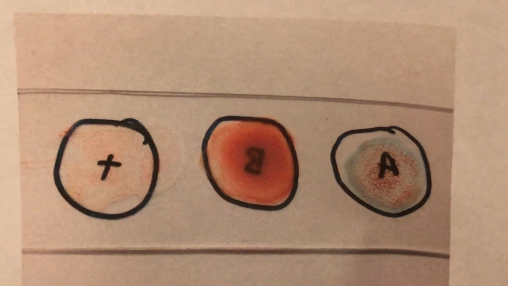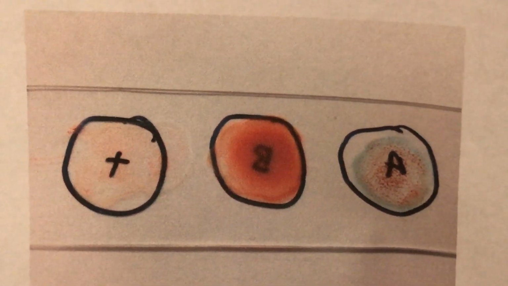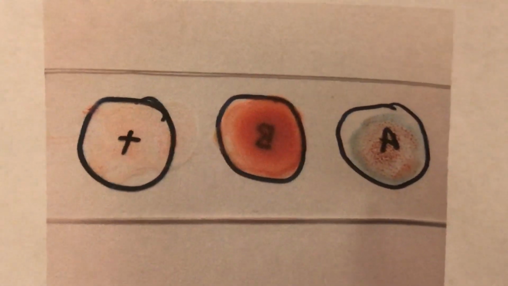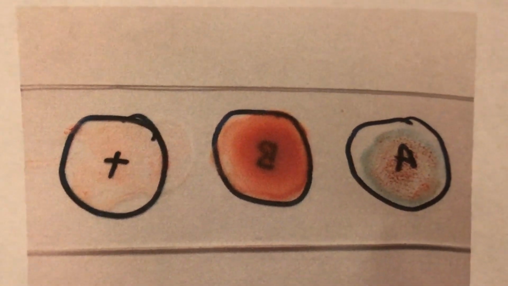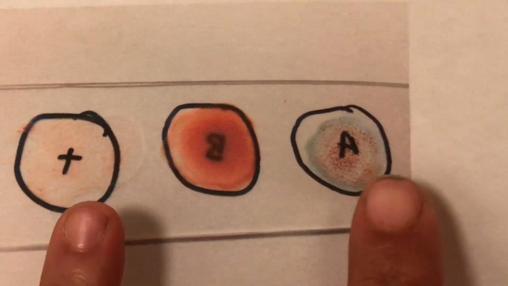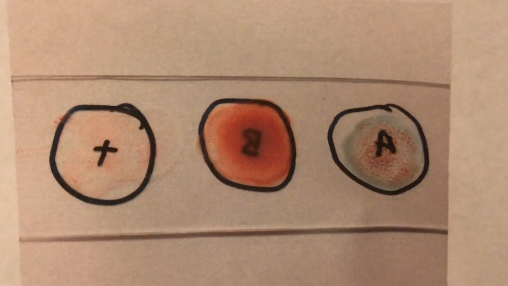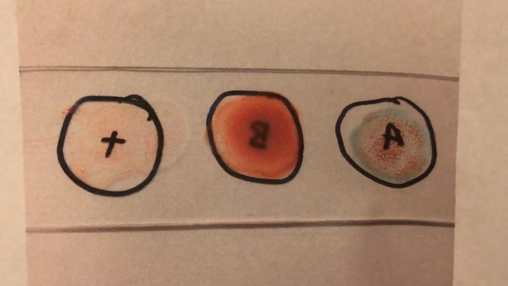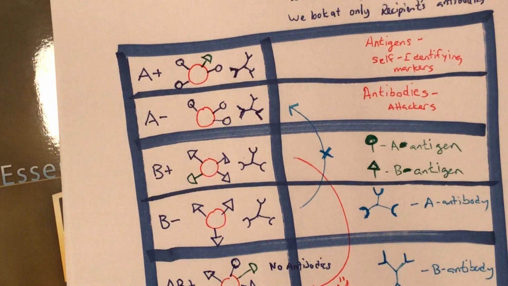If they clump up, obviously you don't have those antibodies in your own blood, because then you would get agglutination constantly in your own body. So if you see it clump up, that's what I must be, because I obviously don't have those antibodies in my own blood. This person must be A positive. Let's do another example. Here's another one.